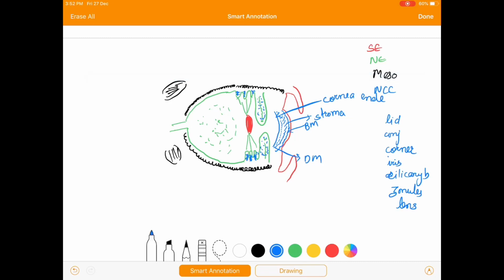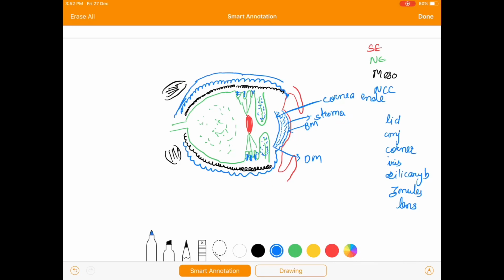Okay, let us move towards the inside. So we got vitreous. Now neural crest cells give rise to the remaining sclera. Okay, so we have the remaining sclera. Okay, and also Tenon's capsule. So what is Tenon's capsule?